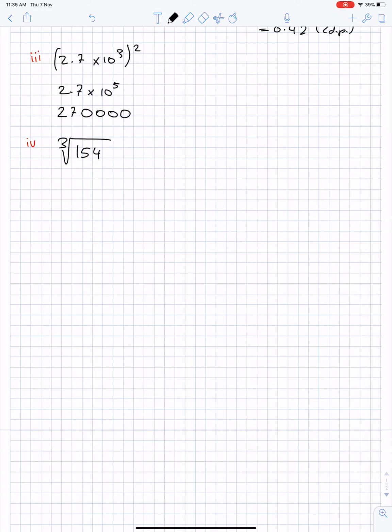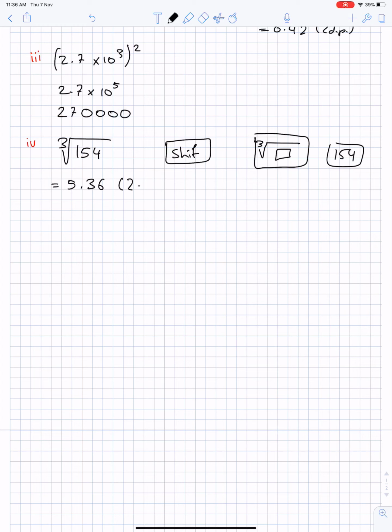So on your calculator, you can press the shift key and enter the cube root symbol, then type in 154, and the answer is 5.36.